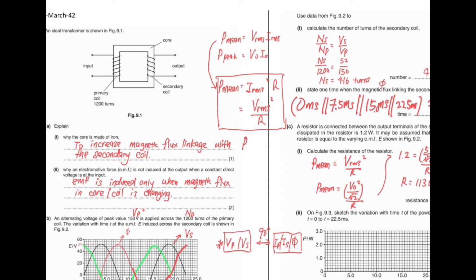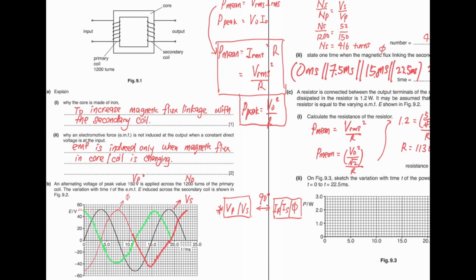Imagine P peak equals V naught squared over R. So this should be reasonable here. When the voltage is maximum, then the power should be maximum, because you square it and then you divide by R. So it should be maximum also.